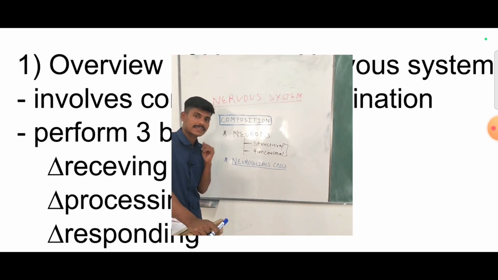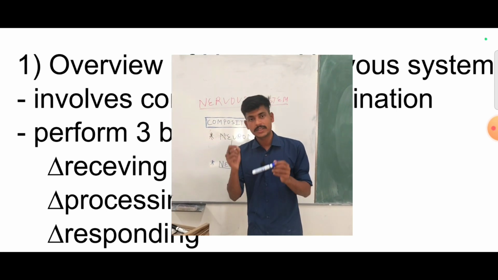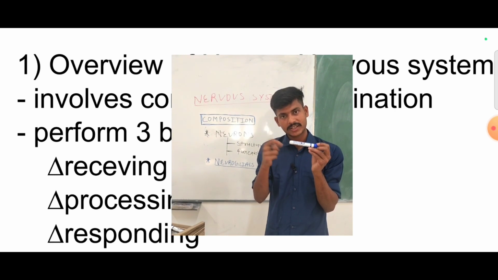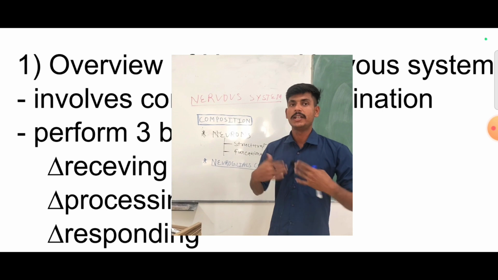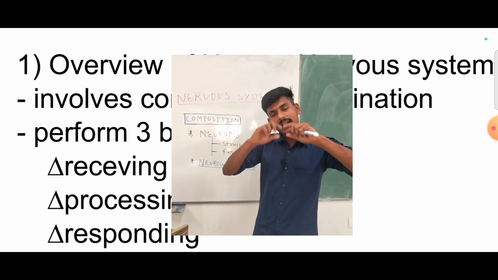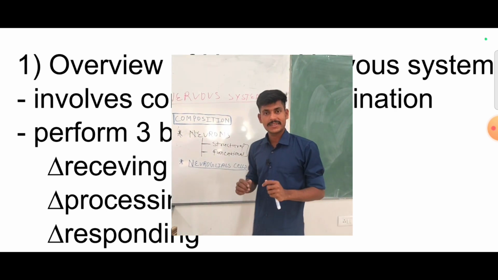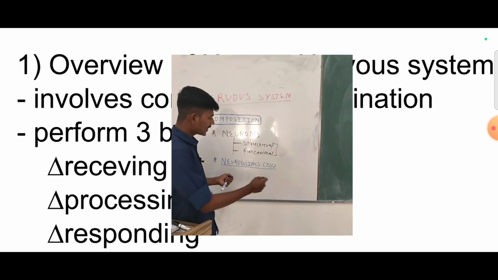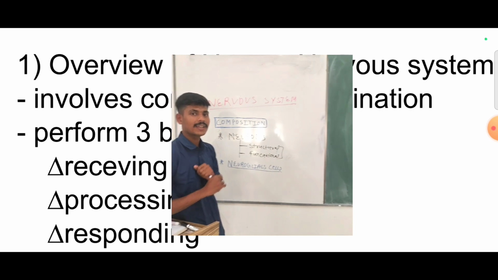Now, what do you mean by excitable? Excitable means if you stimulate the neurons with an electrical stimulus, they show the phenomenon of polarization, depolarization and also repolarization. Whereas if you electrically stimulate the neuroglial cells, they won't show any electrical activity.